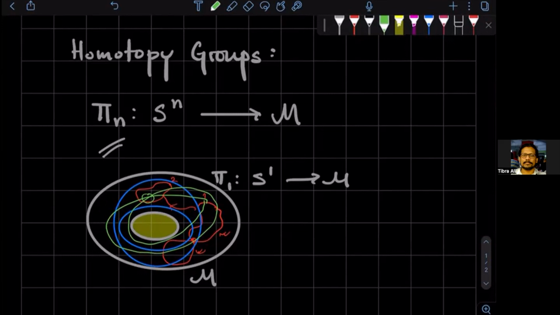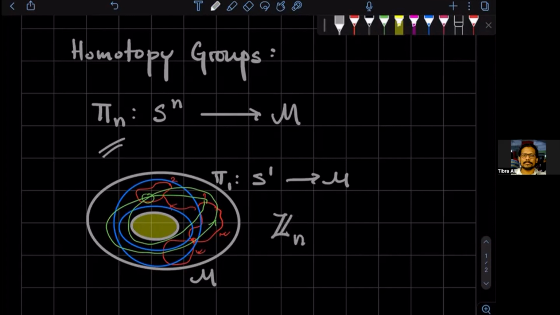And so we see that if we now give an orientation to the winding, we can have positive winding number and negative winding number. So for this particular space, qualitatively, I can say that I can label all the maps by integers.